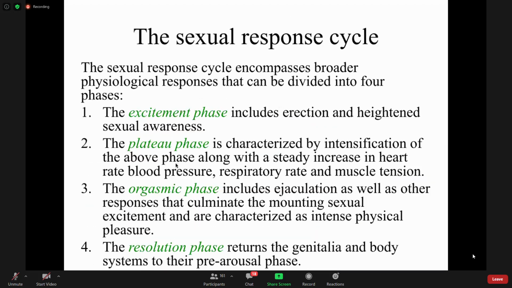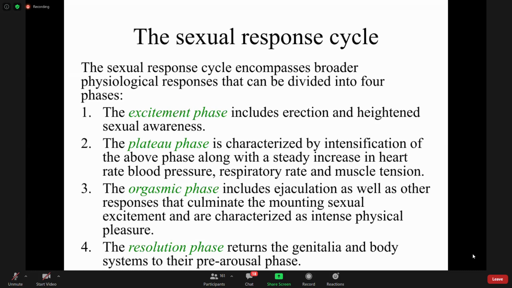So there are four phases that take place during the sexual response cycle. There's the excitement phase, which includes the erection and heightened sexual awareness. The plateau phase, which is the hardening of the male external genitalia, and there is also an increase in heart rate, blood pressure, and respiratory rate.